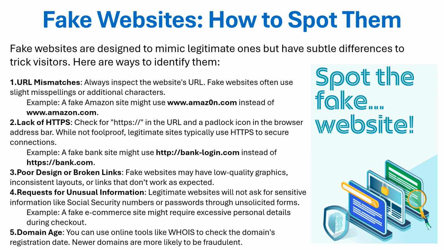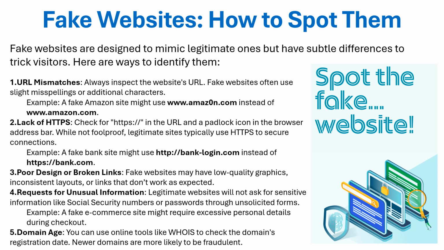Also, lack of a secure link, like lack of HTTPS. A secure link, hypertext transfer protocol secure, uses HTTPS in the link and a padlock icon in the browser. A fake website may show HTTP without the S, like a bank login without a secure link.